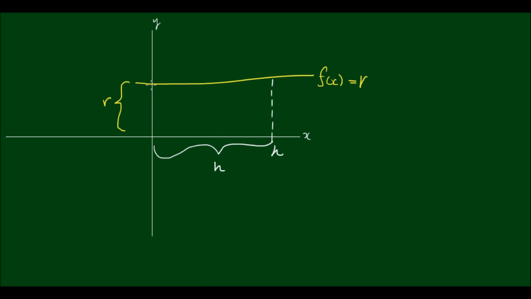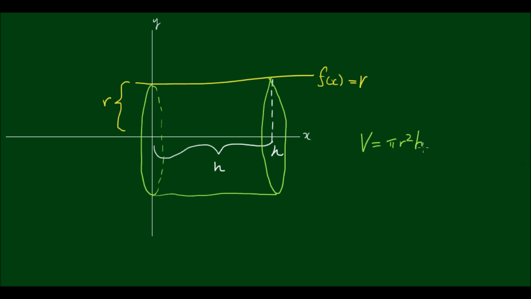Well, if I was to revolve this around the x-axis, I would simply just get a cylinder. And the volume of a cylinder is given by pi r squared h. And our integral equation is going to take on this form.